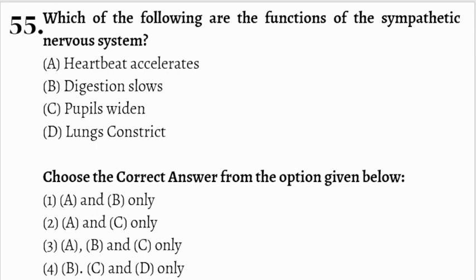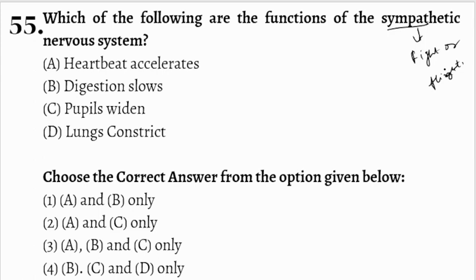So we know that our autonomic nervous system has two divisions, sympathetic nervous system and parasympathetic nervous system. And sympathetic nervous system is basically needed when we have to fight or flee, or when our body needs to use its resources to respond to any stressful or dangerous situation, right?